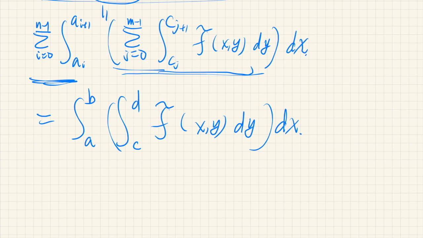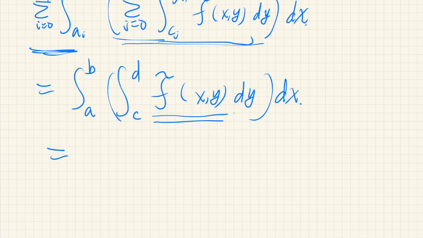Now, by the definition of f tilde, when the value of y is out of the region D, the value of this function is 0. So after all, for those non-zero values, this is equal to f of x and y.